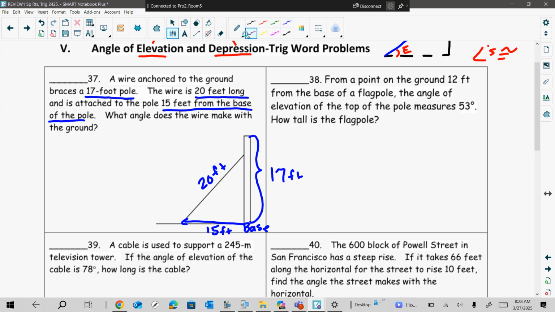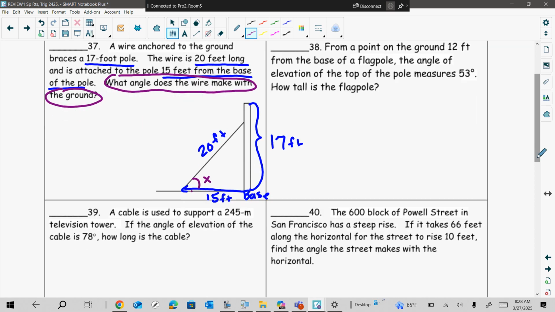The question says, what angle does the wire make with the ground? So the ground is the horizontal. So that's my unknown and that's my X. Okay. My concern is when we're doing this, we should be focusing on just the right triangle to use trig. And in the right triangle, we should only be using the adjacent, which is the 15, and the hypotenuse.